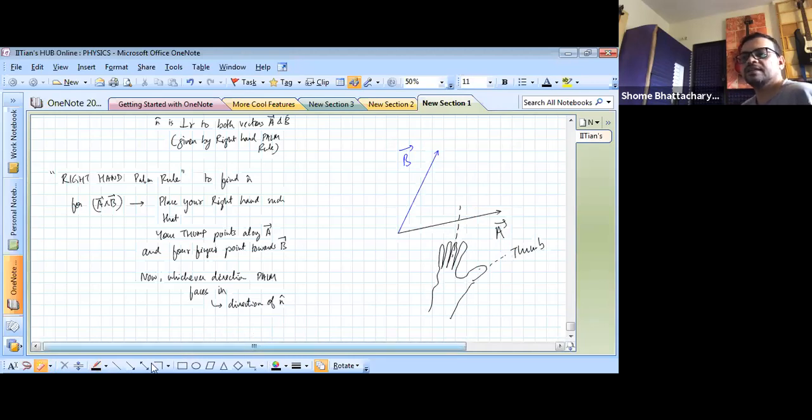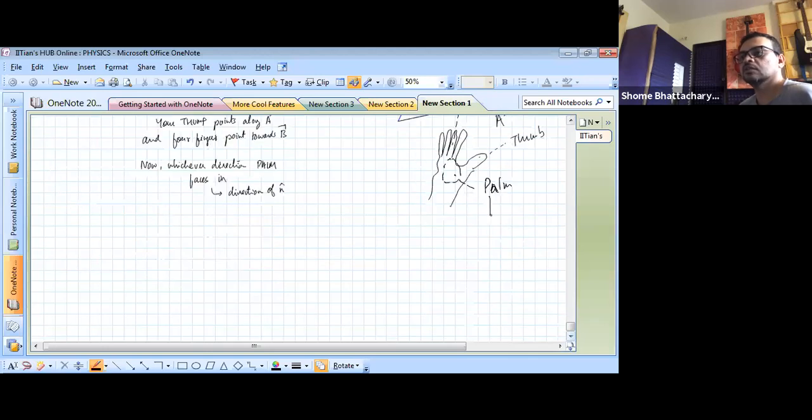When I place my hand like this, you will see that your palm, you place it on the screen, is facing towards you. So your palm is facing outwards from the plane of the screen.